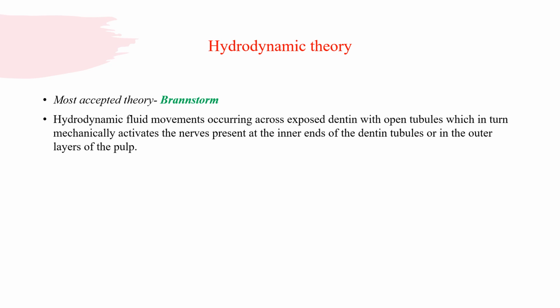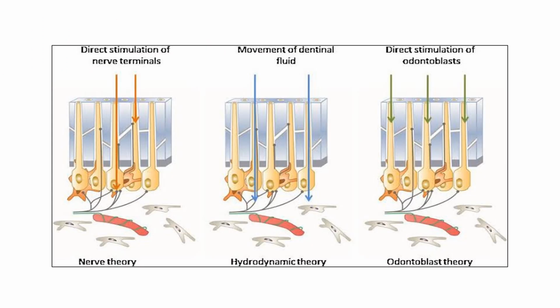In this theory, the hydrodynamic fluid movements occurring across exposed dentin with open tubules mechanically activate the nerves present at the inner ends of the dentinal tubules or in the outer layers of the pulp.